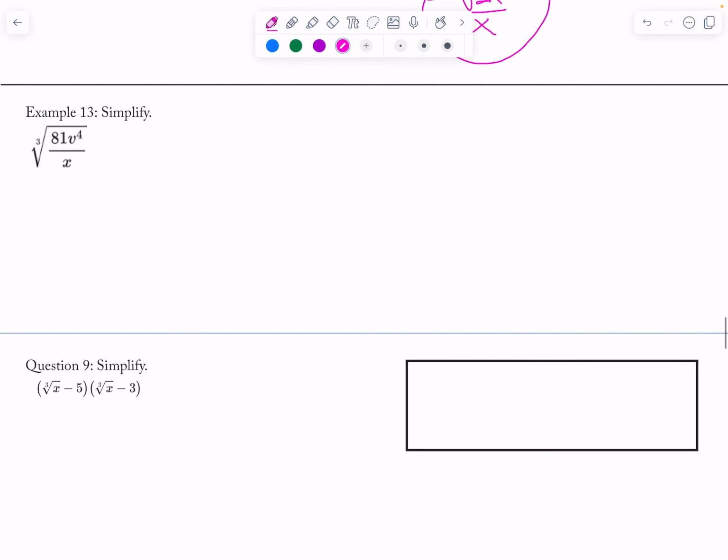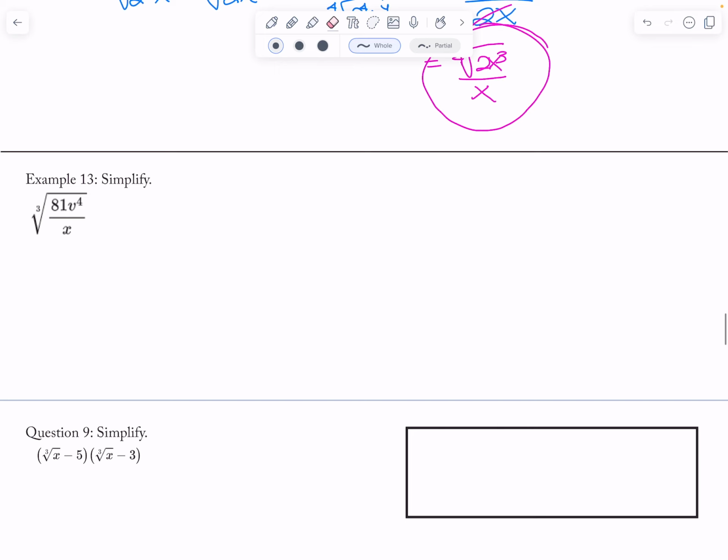And then that question is question 9, so that goes to the homework assignment. So this is my last example here. So I have the cube root of 81, the cube root of v to the 4th, and then I have the cube root of x.